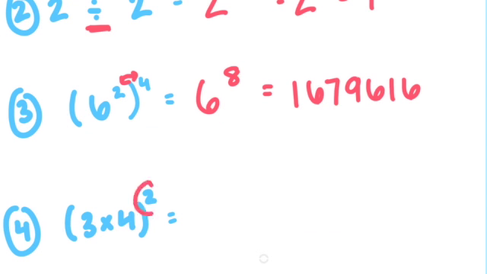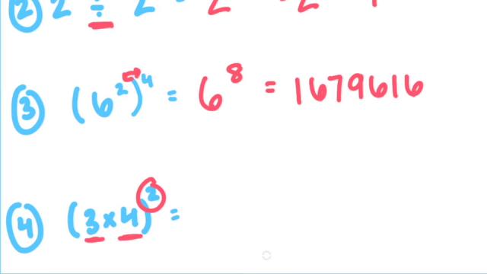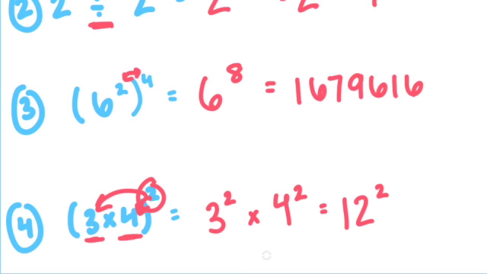Now for the last one, you see there's only one exponent and 2 numbers inside, which means you have to use the power of a product rule and distribute the exponent to each one. 3 to the 2nd times 4 to the 2nd. And since they don't have the same base, you have to multiply their bases together. 4 times 3 is 12 to the 2nd power, and 12 to the 2nd power is 144.